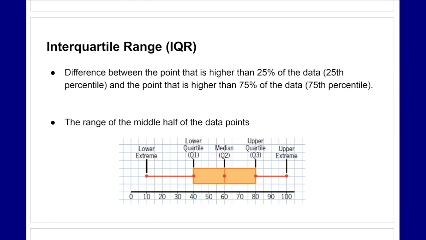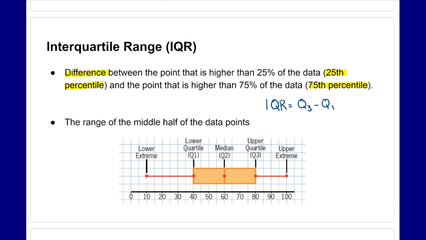With that box and whisker plot and with those quartiles, there is another measure that we can calculate, which is the interquartile range. The interquartile range is the difference between the point that is higher than 25% of the data, or basically the 25th percentile, and the point that is higher than 75% of the data, or the 75th percentile. So essentially, if you want to find the IQR, interquartile range, you just take your Q3 and you subtract your Q1 from it.